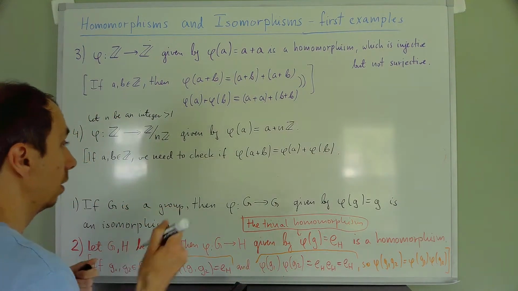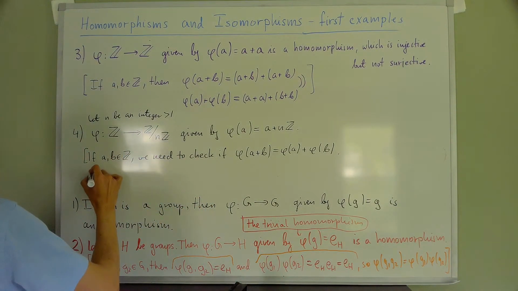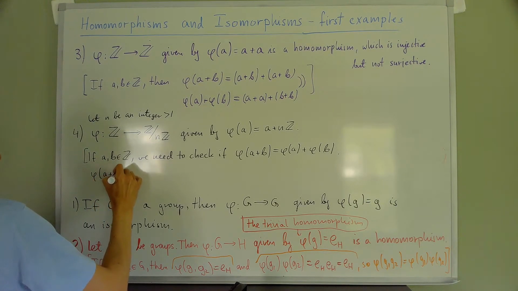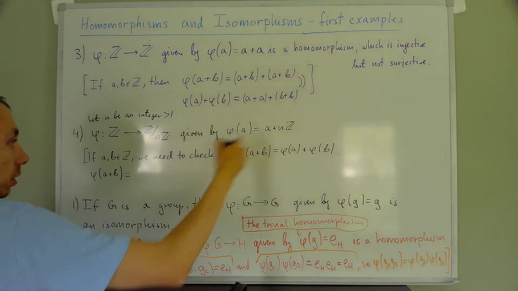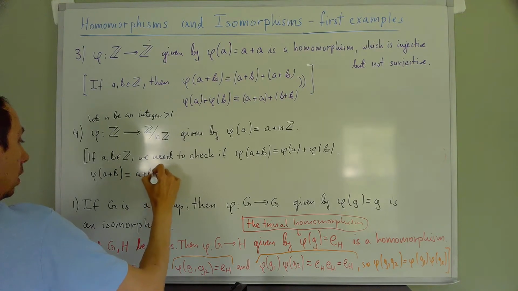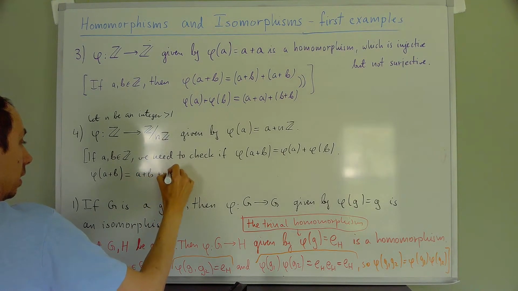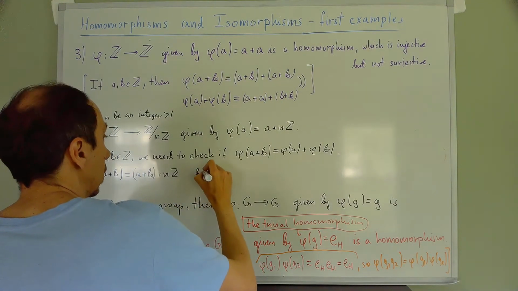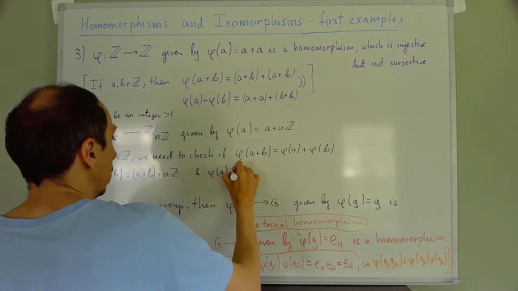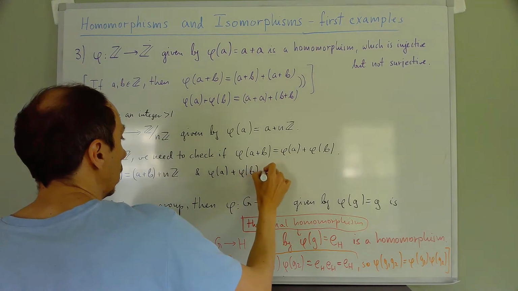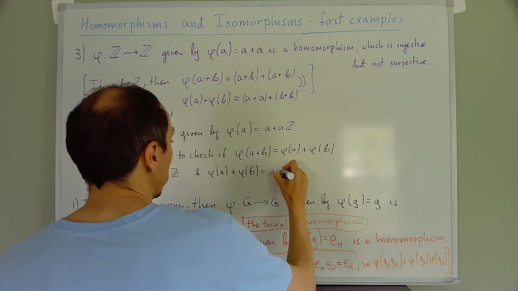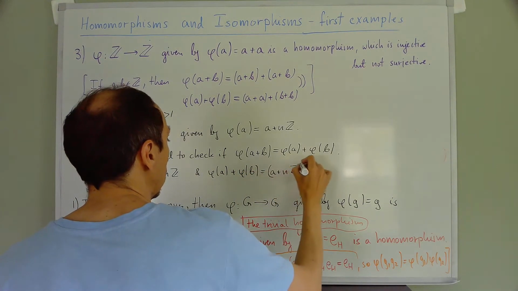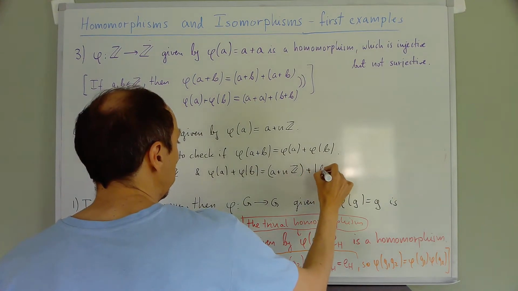All right, so let's check that. Phi of a plus b, by definition, is just a plus b plus nZ. And what's phi of a plus phi of b? Well, phi of a is a plus nZ, and phi of b is b plus nZ.